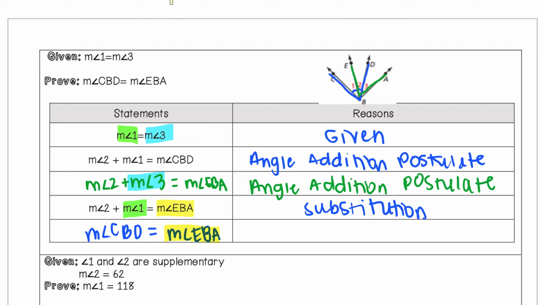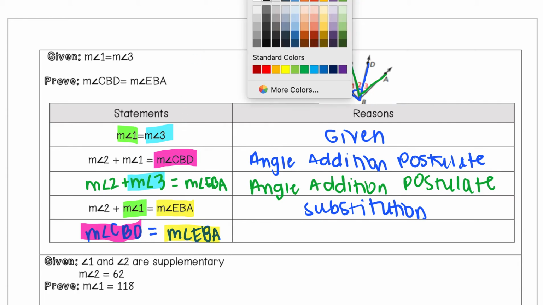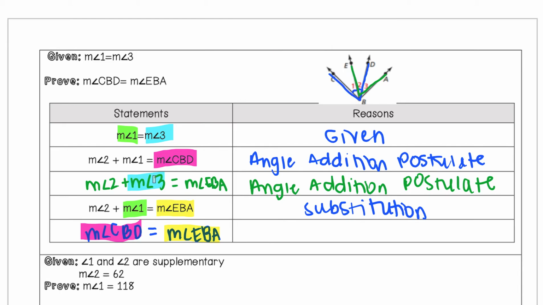So EBA was here, CBD was set up here, and we can see that on both left sides of their equations, we actually have two statements that are the same. We have measure of angle 2 plus measure of angle 1, measure of angle 2 plus measure of angle 1. Since those two things are equal to two separate things, we can use the transitive property in order to make them equal to each other. So the transitive property is our last reason here.